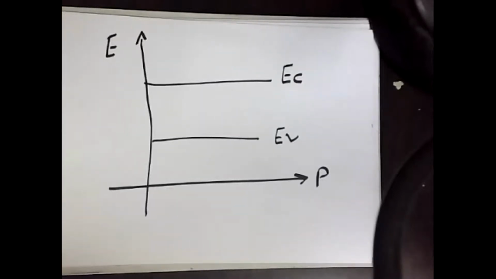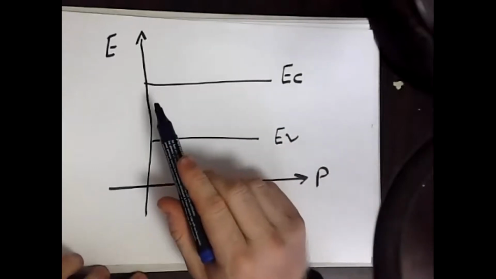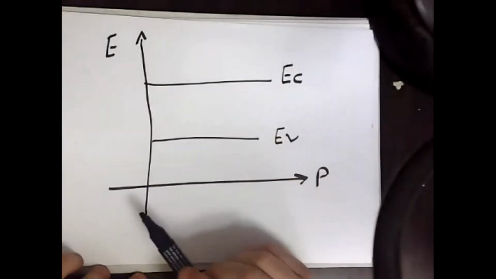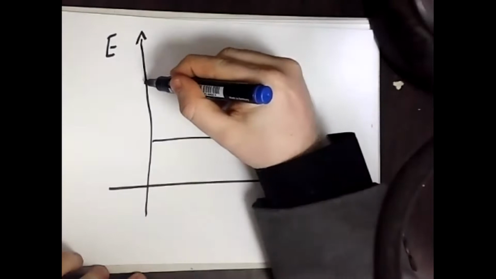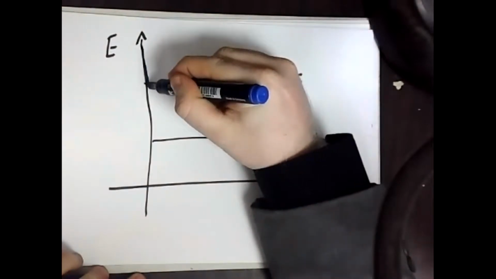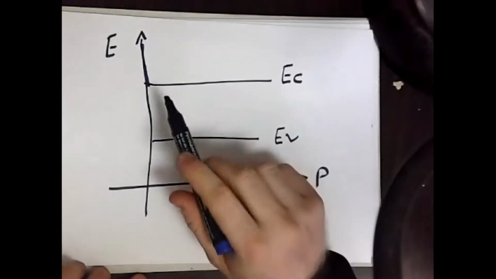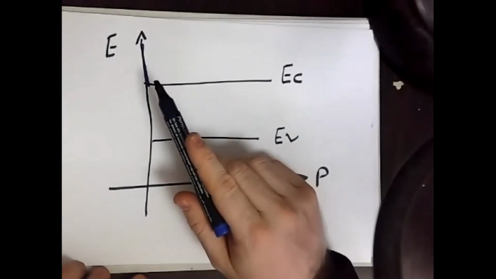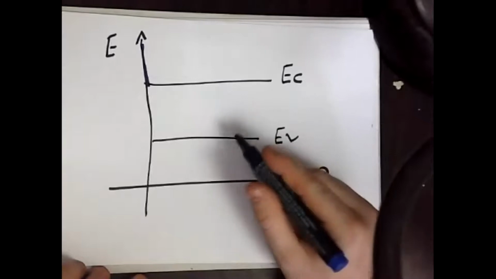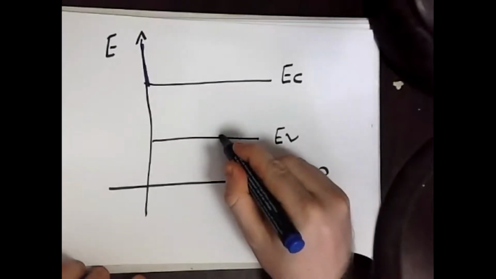So what if we start to plot the probability at 0 degree Kelvin? What is the probability to find an electron in the conduction band at 0 degree Kelvin? It's typically 0. But as far as you don't have electrons in the conduction band, totally all electrons are in the valency band.